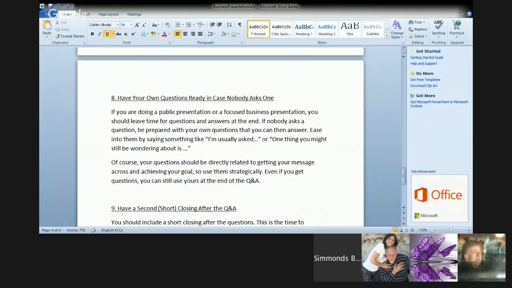Okay, very good. So if no one asks you any questions, make sure you have your own, okay? And as it says here, you can ease into them, so you can gently transition. You can change topics from the natural presentation to the question asking time. And like they say here, I'm usually asked, or one thing you might still be wondering, maybe a common question is.